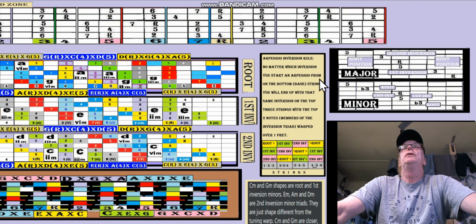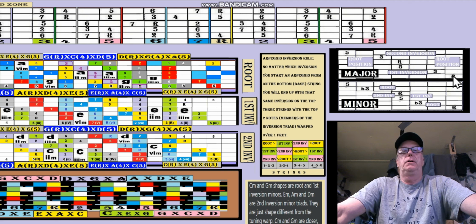Now, a wonderful rule says right here, I don't even have to read it, that when you start an arpeggio from any chord, any triad on the guitar, it could be minor, could be major. It could be first inversion minor, it could be second inversion major.